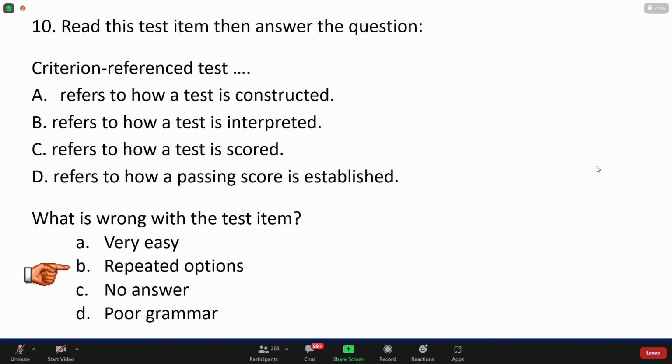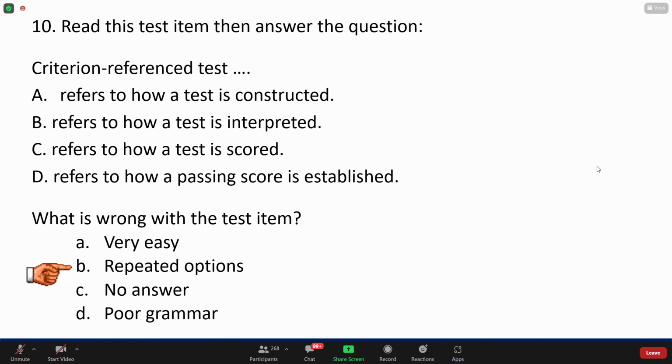Yung portion ng option mo na refers to what? Refers to how. So a repeated portion of the option. So pwede siyang further na ma-craft na hindi masyadong redundant yung choices. I hope you got it, class.